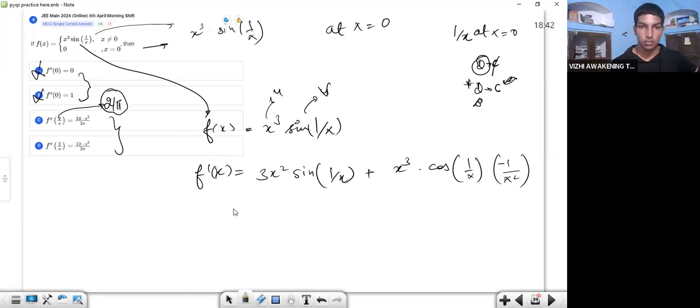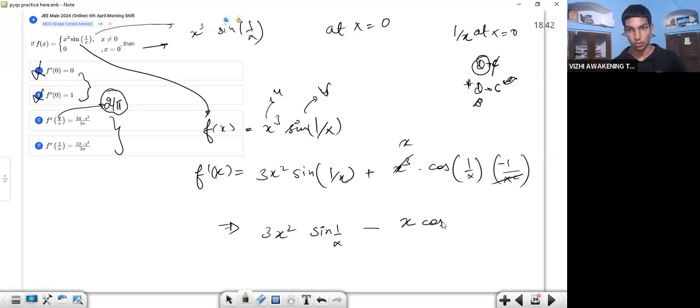So we have f dash of x. Let's simplify it further. x square cancels x cubed by x squared, and now this becomes minus x into cos of 1 by x, plus 3x square sine of 1 by x. Let's differentiate it further to get the double derivative.